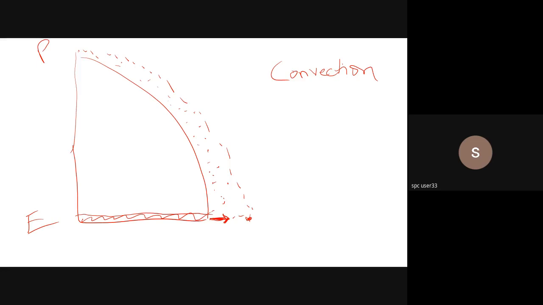So this particle has no other option, so it is pushed towards the poles. It starts its journey towards the poles. Now, theoretically, as Hadley had put it, it should go all the way to the poles. However, you'll see that this distance between the equator and the poles is huge.